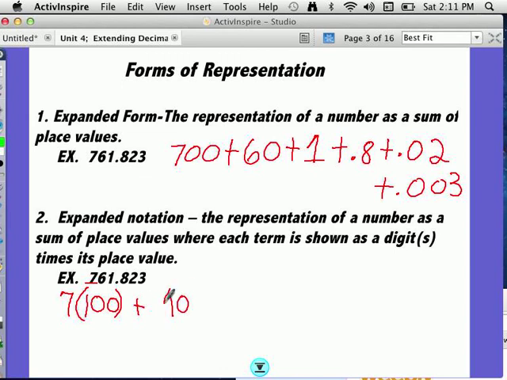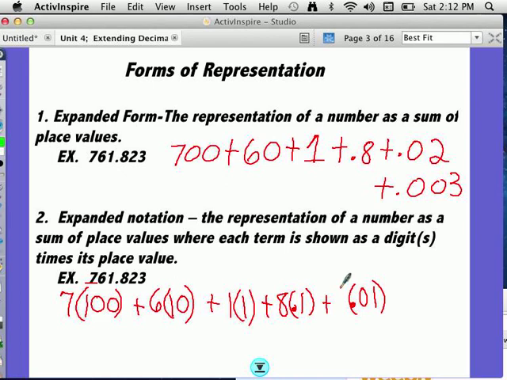So I identified the place value, multiplied by 6, plus the 1 is in the ones place, multiplied by 1, plus, now we're getting into decimals, the 8 is in the tenths place, so I must first write that place value, which is the tenths place, times 8, plus the 2 is in the hundredths spot. So again, I identify the place value first and multiply it by the digit that's in that place value.